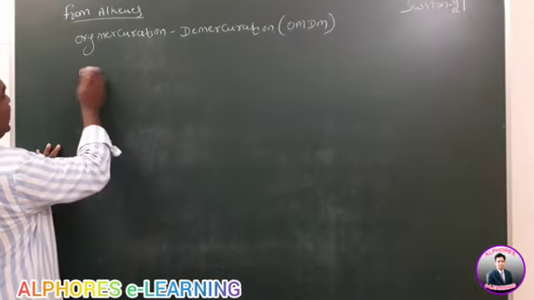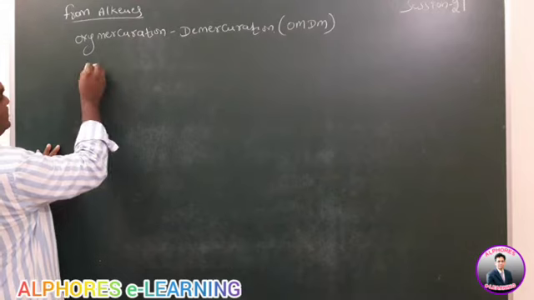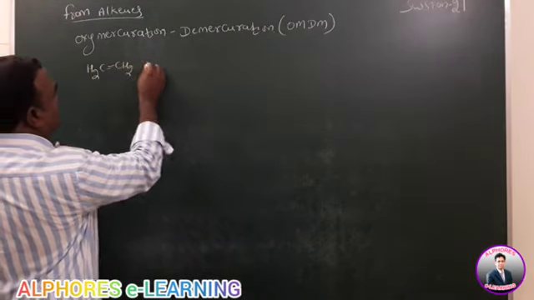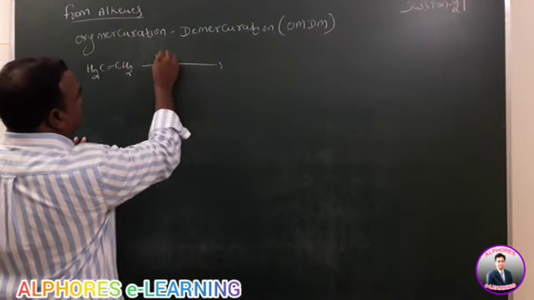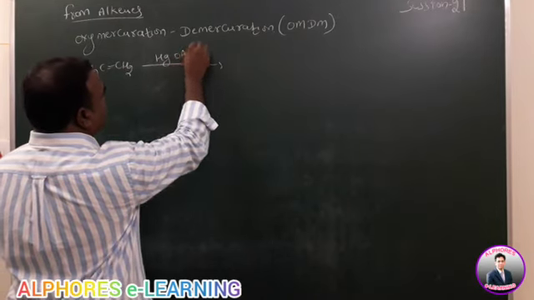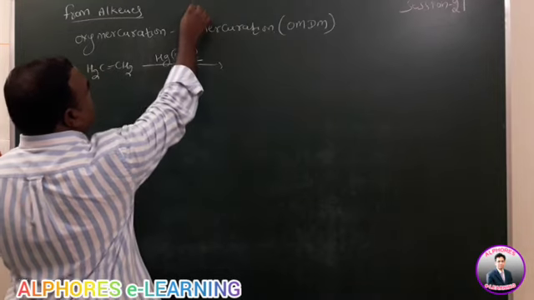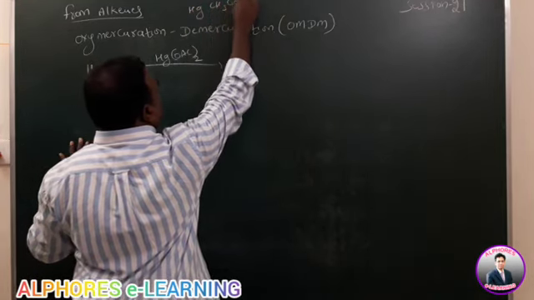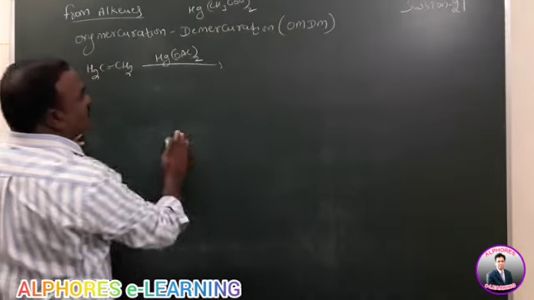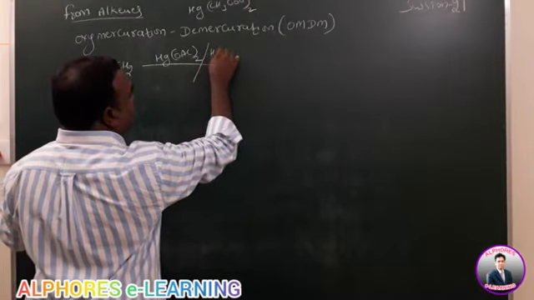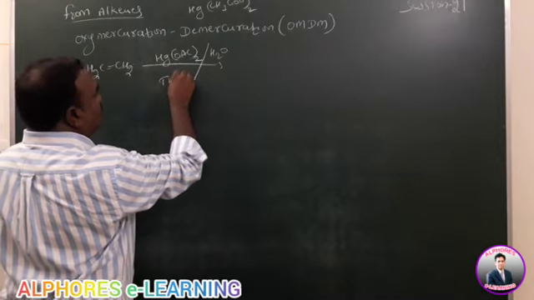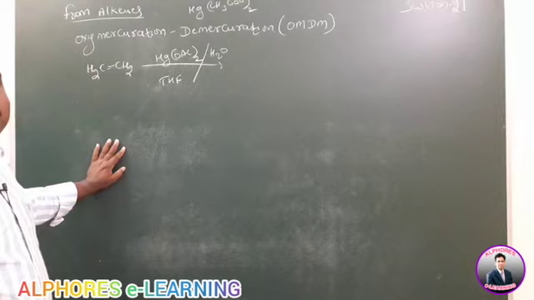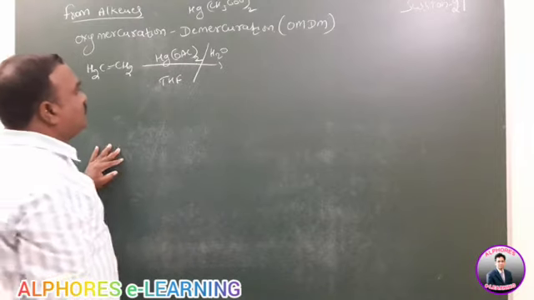So here an alkene is given, here CH2 double bond, again CH2, with mercuric acetate, HgOAc. The medium is water, tetrahydrofuran.